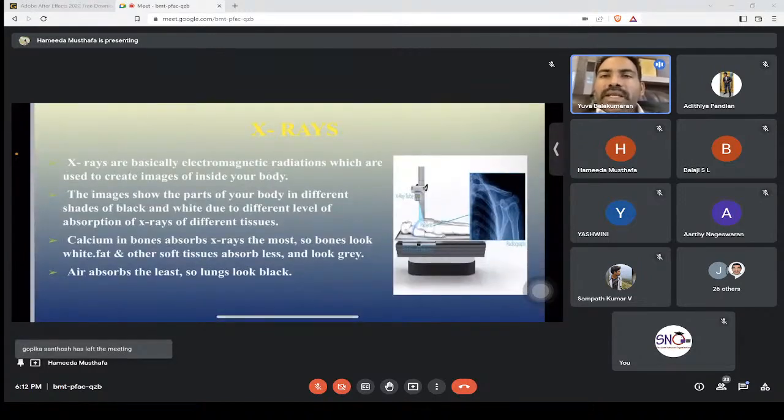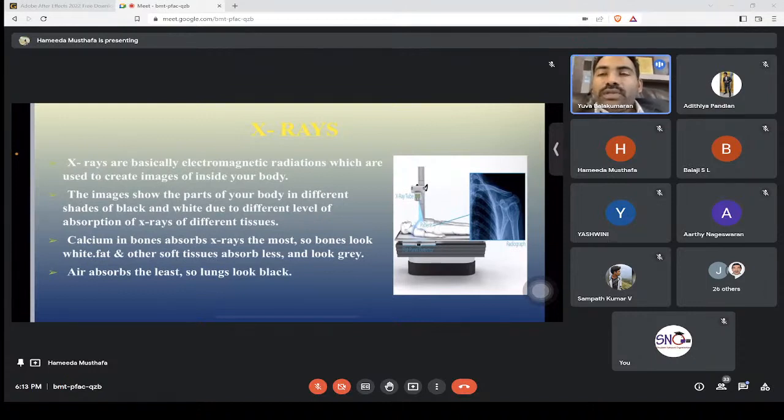Okay. X-rays are basically electromagnetic radiation, and the image depends on absorption of X-rays by different tissues. You can see an X-ray of the left shoulder and shoulder joint. The calcium in the bones absorbs X-rays the most, and it is difficult for X-rays to penetrate bone.